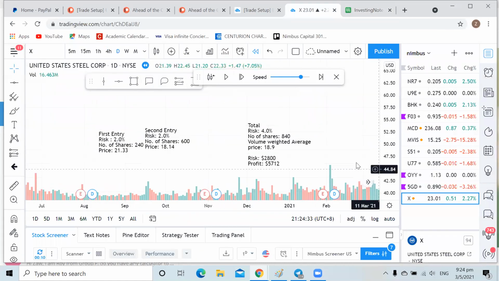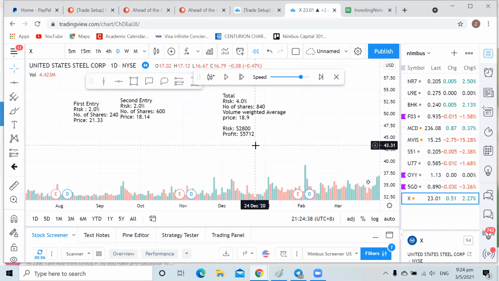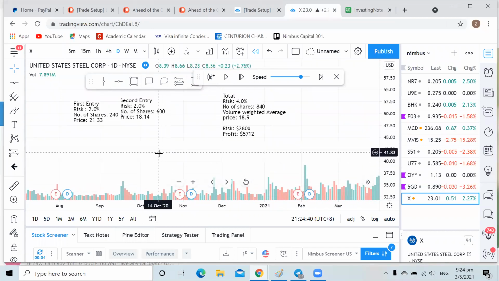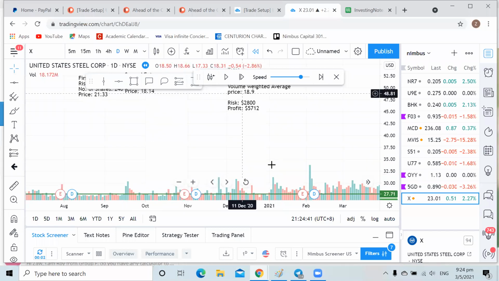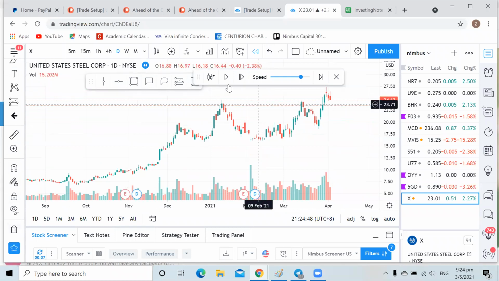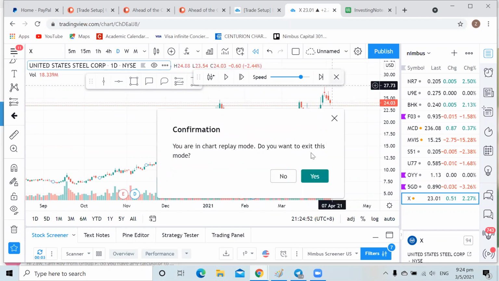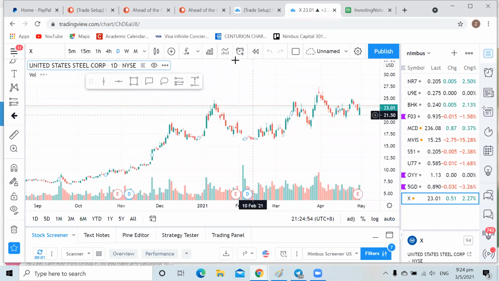So whenever you have a second entry, this is actually what you should not be doing. But how you can go about it whenever there's a second entry is, number one, at the point of making the first entry, sorry, let me clear this.